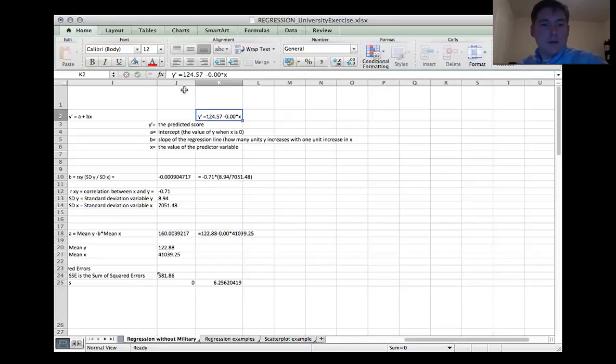And now for the y hat, the predicted value is the A, 160, right? Times minus 0.00. I'm just gonna really copy this out here. 0.009047, let's say 72, right?